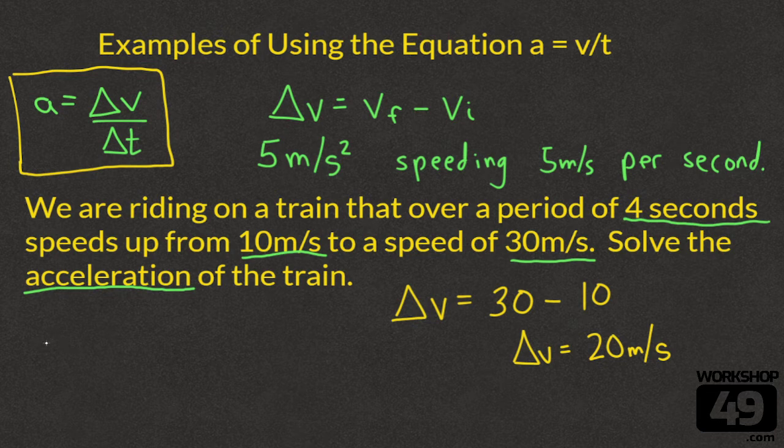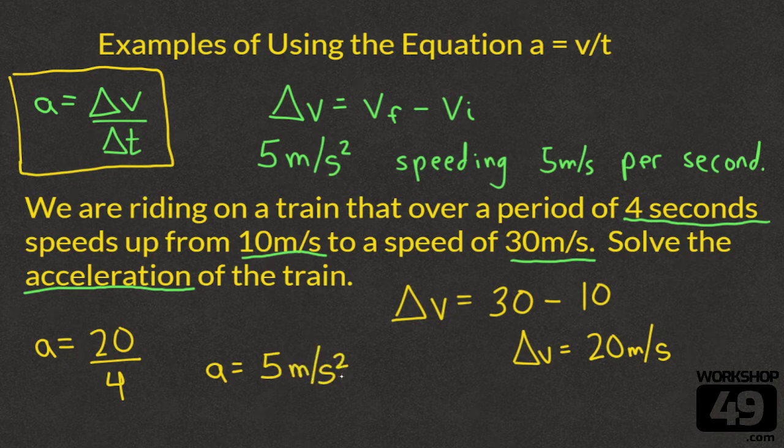Let's fill this into our equation. Acceleration is equal to our change in velocity, 20 meters per second, divided by our change in time. That's the time interval that this took, which was 4. We do this in our heads, unless you really need your handy-dandy calculator. You do 20 divided by 4, and you're going to get an answer of acceleration is equal to 5 meters per second squared.